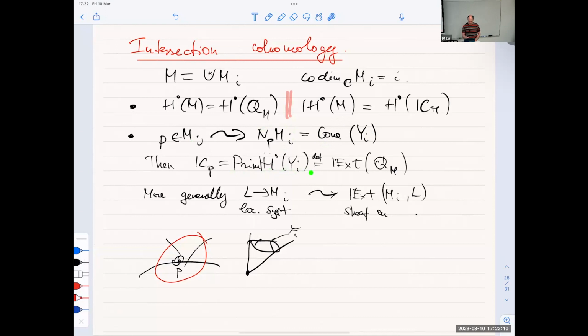Then you take its primitive cohomology, and this primitive cohomology will be what's called the intermediate extension of M to this stratum M_i. So I described what the fiber of the sheaf IC is over that point. It's a bit complicated, but at least it's concrete. I actually told you what it is.